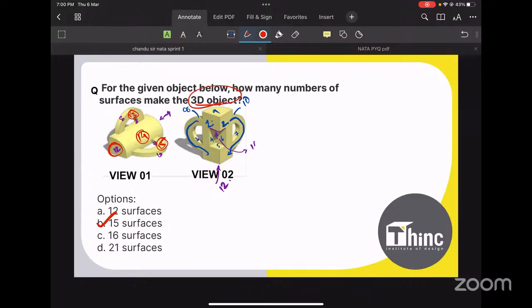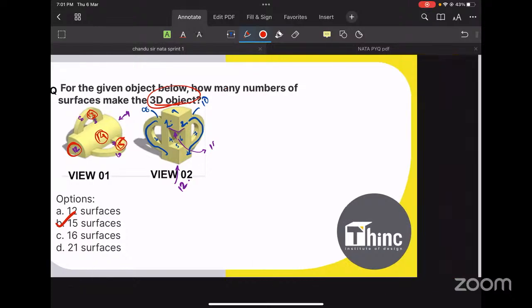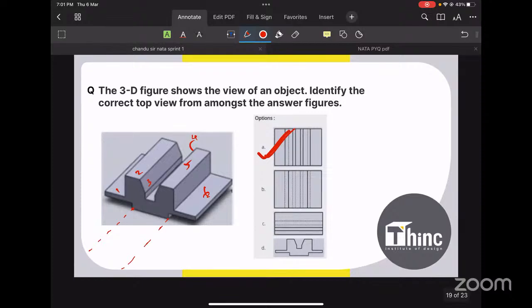See, all the surfaces I had included. Near the 12, you didn't count that one or this one. Likewise. So over here, option A is the right answer.